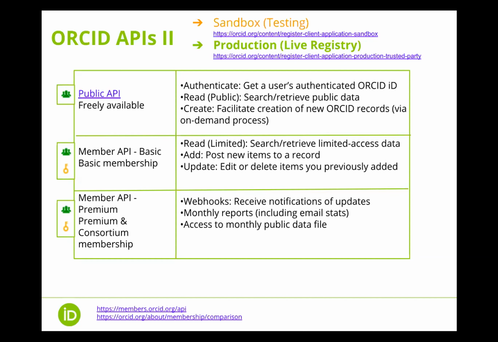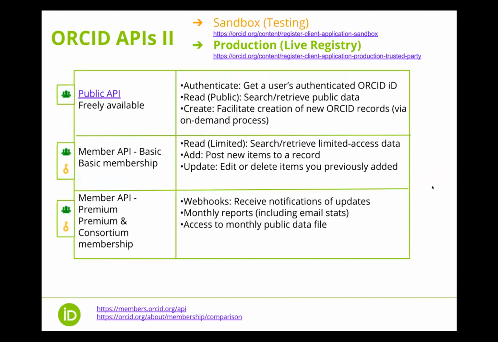And you can also use a sandbox or testing environment, and you can use the same functionalities as in the production environment. And everybody is welcome to test the ORCID API in the sandbox registry by requesting credentials on the link on the top of the slide.